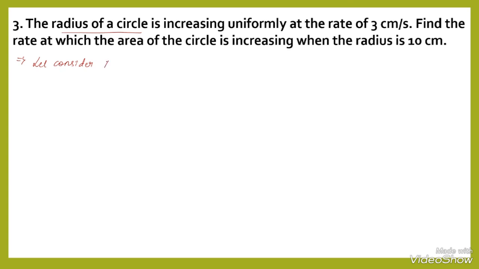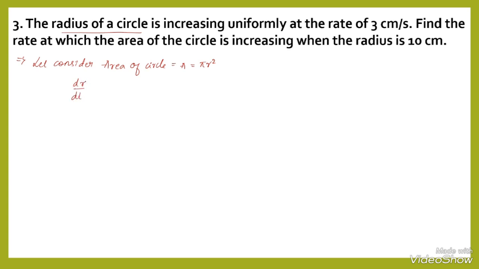Let us consider the area of the circle. Area of circle will be A equals pi r square. Here the radius of the circle is increasing, that is dr by dt.